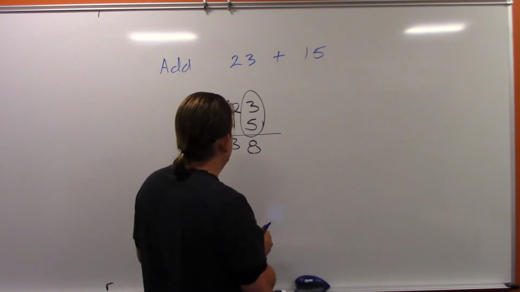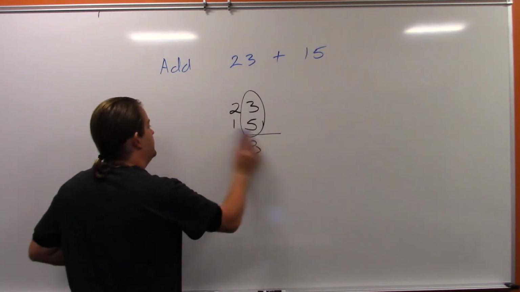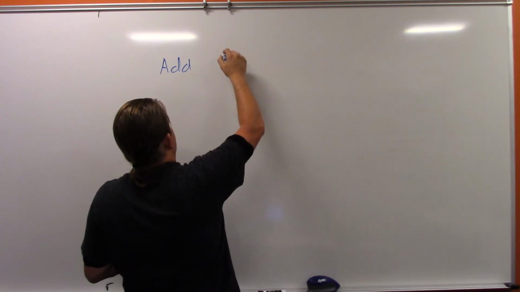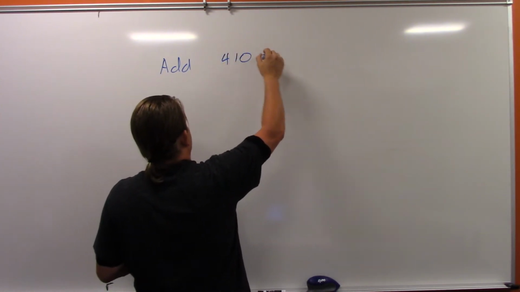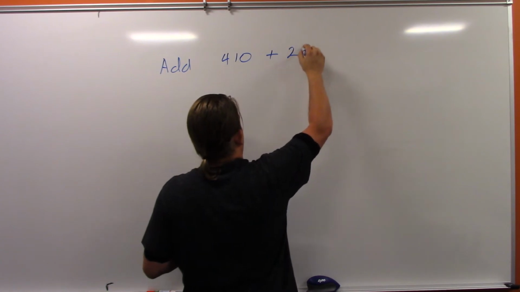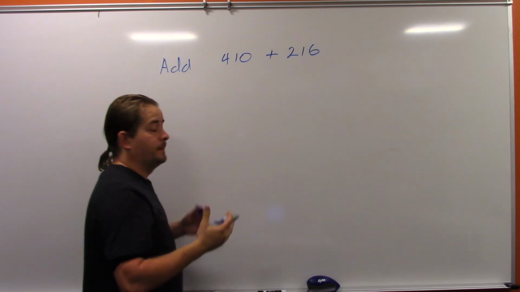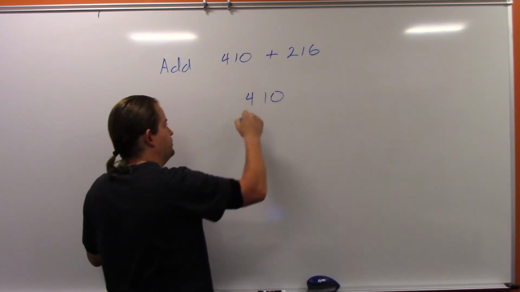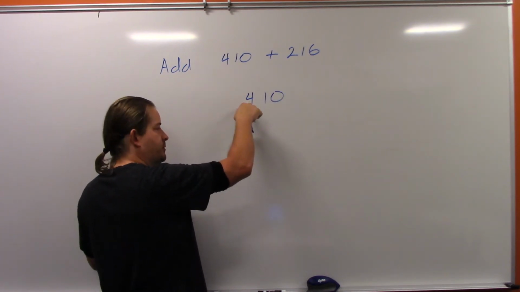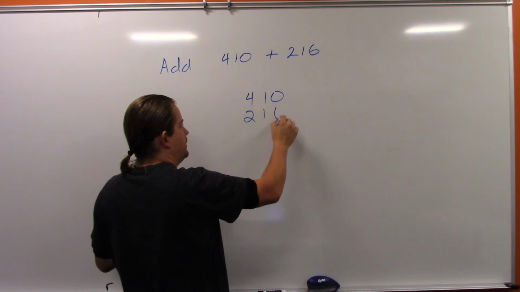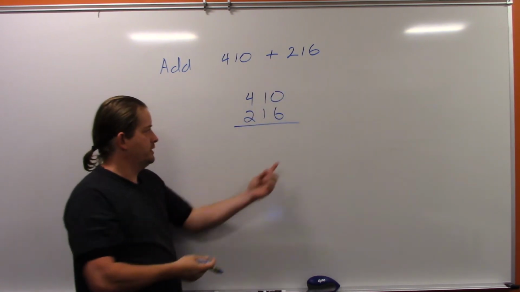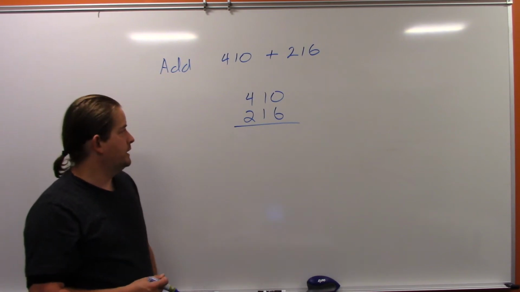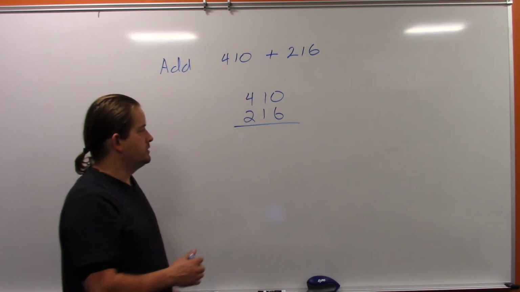Let's say, let's add 410 and 216, right? Again, I just stack them. 410, my 2 is in my hundreds place, so I'm going to stack it under my hundreds here, and then everything else should just follow. But again, your 1s should line up, your 10s should line up, your 100s should line up, and you should have that column.